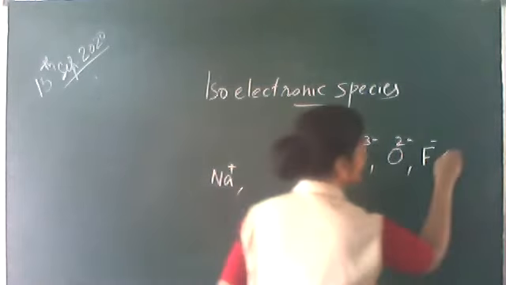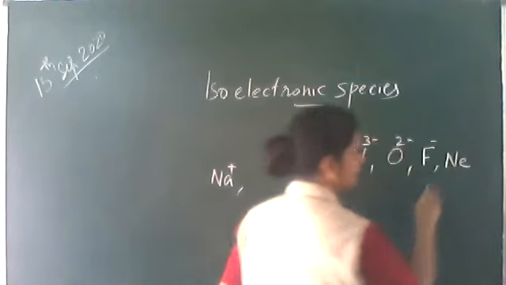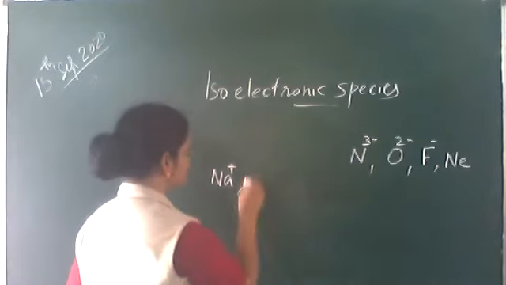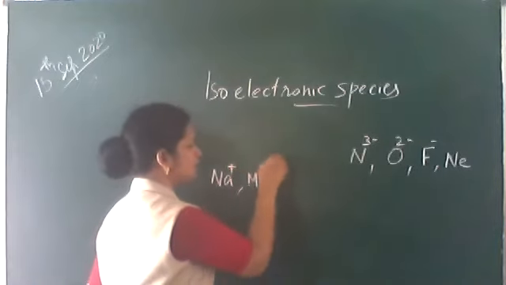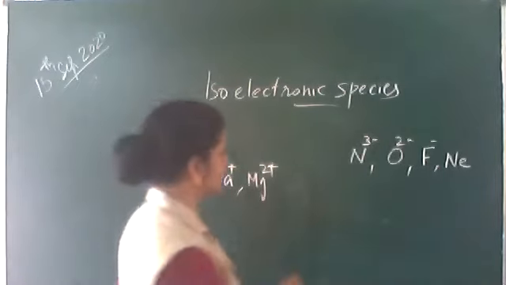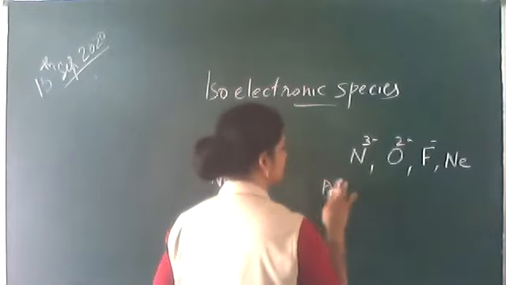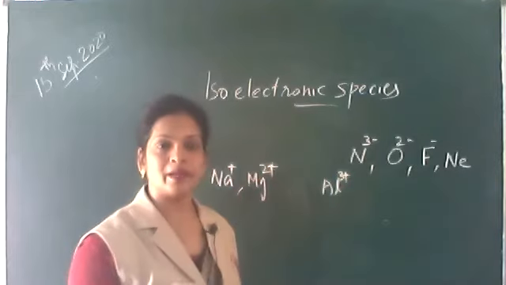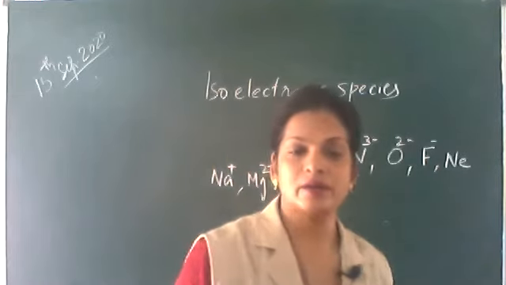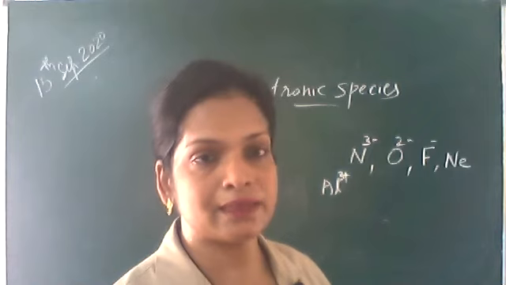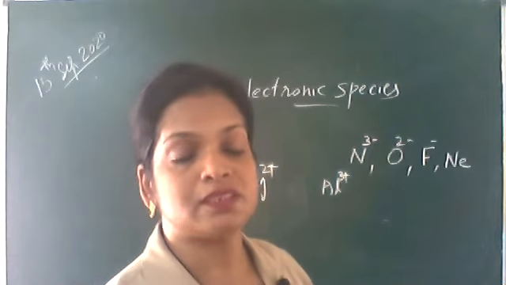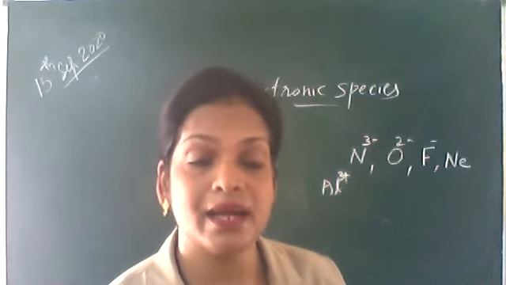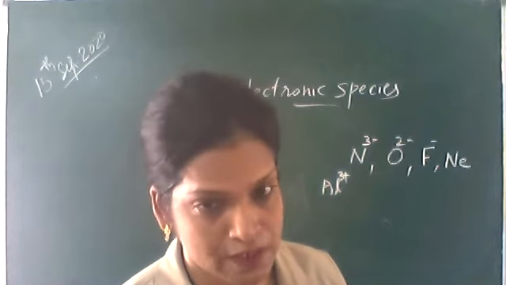Similarly, neon is neutral, having 10 electrons. Then magnesium 2 plus, 10 electrons. Aluminium 3 plus: from aluminium 3 electrons are gone, again 10 electrons. So all these species have 10 electrons. We say these are the isoelectronic species.